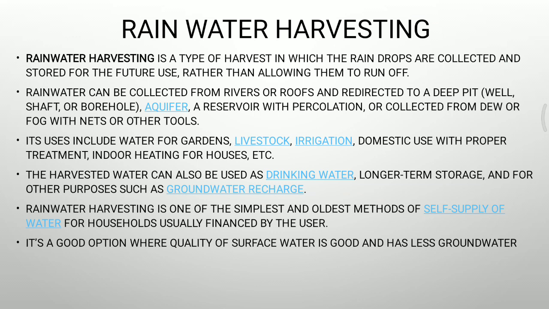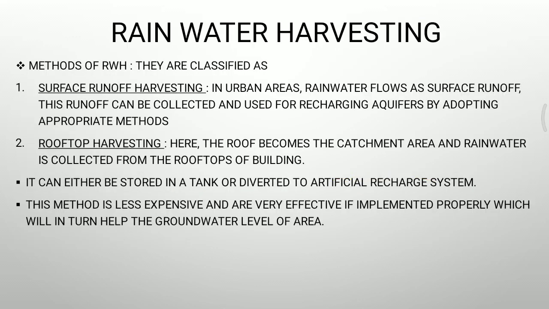Rainwater harvesting is one of the simplest and oldest methods of self supply of water for households, usually financed by the user. So the initial cost will usually be high. It is a good option where the quality of surface water is good and there is less groundwater. If an area has less groundwater and the surface water quality is good, rainwater harvesting can be done easily.